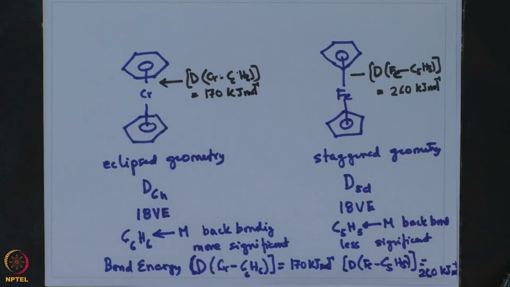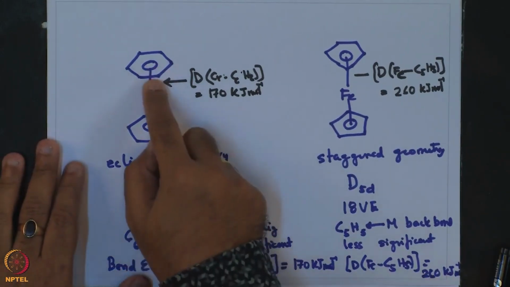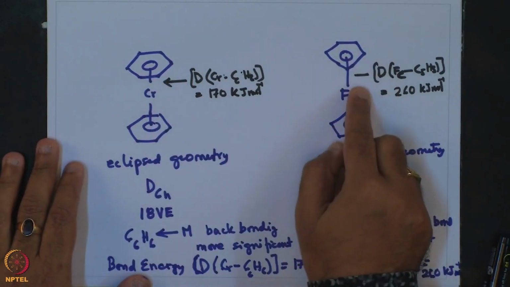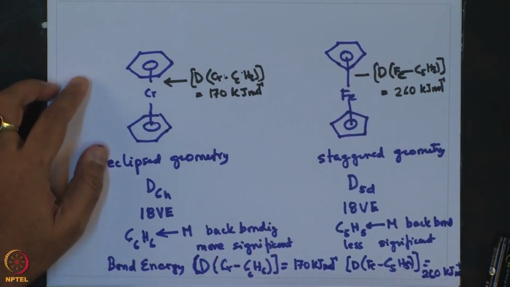On the face of it, what we see is that this is a weaker bond as compared to this cyclopentadienyl ferrocene, and that also is quite intuitive given the fact that the cyclopentadienyl anion is a negatively charged ligand, and hence it binds more strongly to the electron deficient cationic iron species, giving rise to a stronger bond having higher bond dissociation energy, whereas arenes being neutral ligands, they bind less tightly to cationic metals, and as a result this bond dissociation energy is quite low.